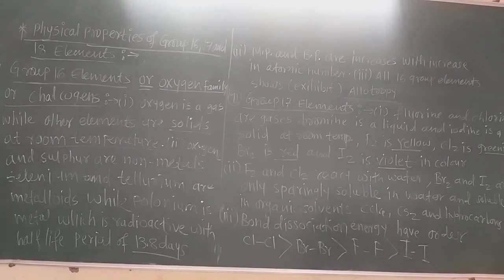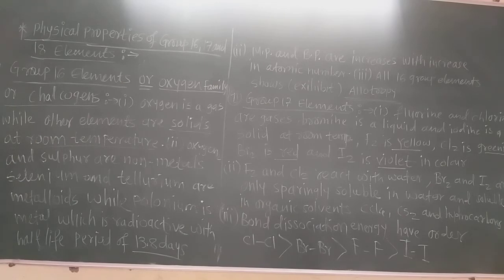And polonium is totally metal, which is a radioactive metal having a half-life period of 13.8 days. That means 13 days and 8 tenths, that is hours in that. 13.8 days is the half-life period of polonium, which is the radioactive element.